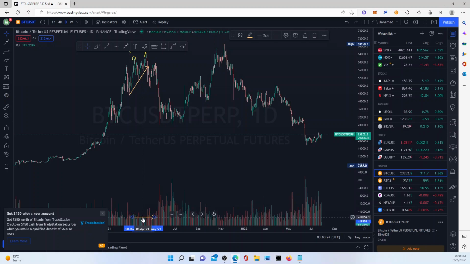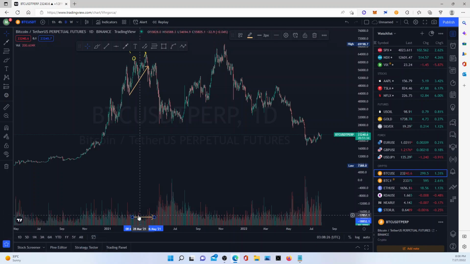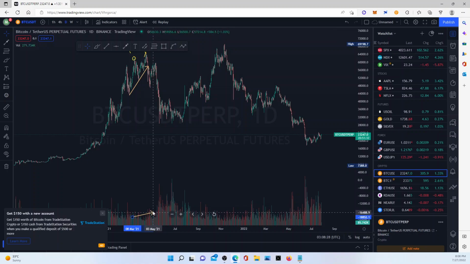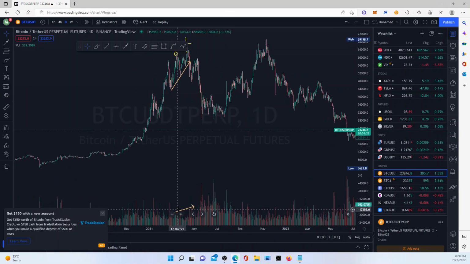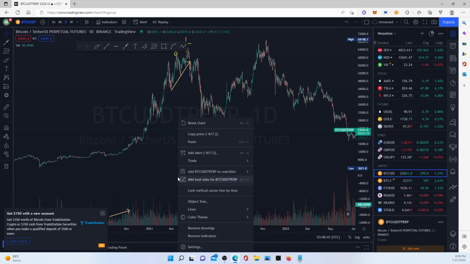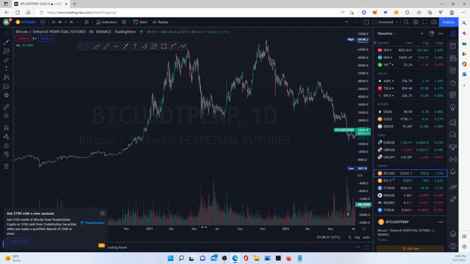Say that was your average, right? Your volume did not rise up, it didn't spike up. So that tells you, hey, something is happening with the volume because the price action is not reflecting the volume. That shows you to be careful.